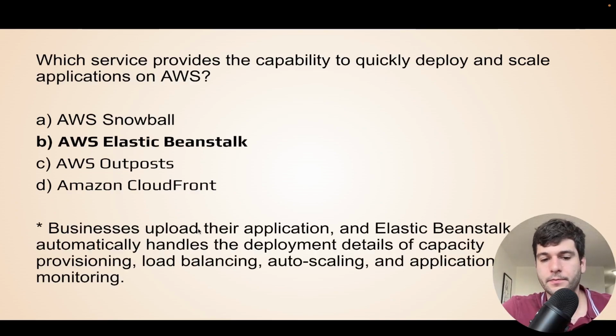Businesses upload their application, then Beanstalk automatically handles the deployment details of capacity provisioning, load balancing, auto scaling, and application health monitoring. So it abstracts away a lot of different things versus other options for that. The rest of these, again, are not related to that.